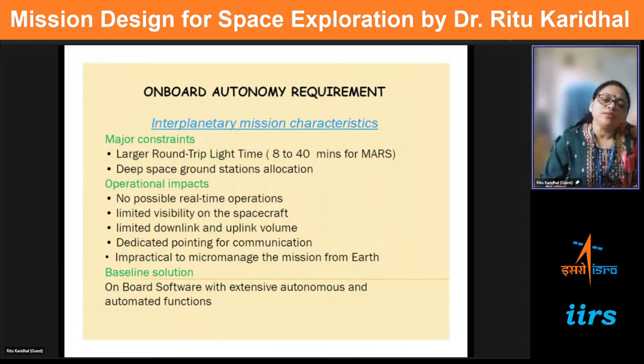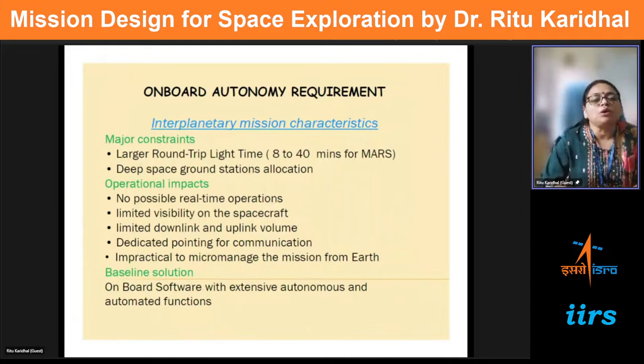So any signal you send will take, let us say, 12 minutes to reach Mars. Then what happened with that signal, the command, and getting the telemetry back takes again 12 minutes. So 24 minutes. If anything goes wrong at that time at the satellite or probe level, we cannot do any ground intervention.